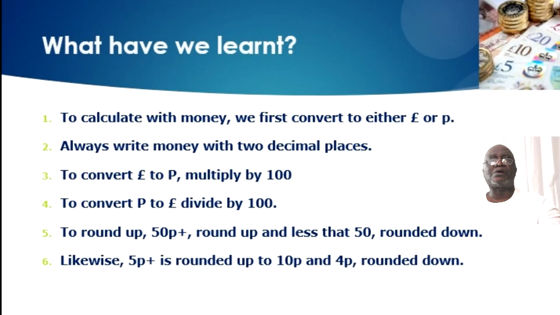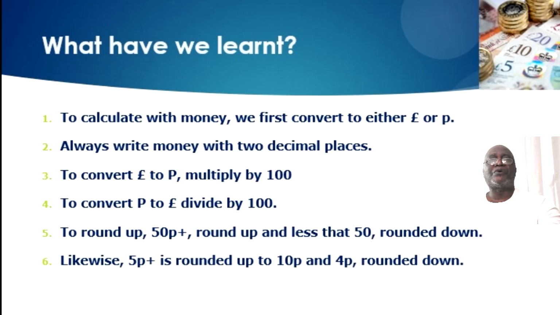Now, what have we learned? We've learned that to calculate with money, we have to convert everything to one format, either to pence, if that is what's required, or to pounds and pence. When you're writing money, you have to give it 2 decimal places, because in money you cannot say £2.9 for £2.90. It has to be £2.90, and so on.